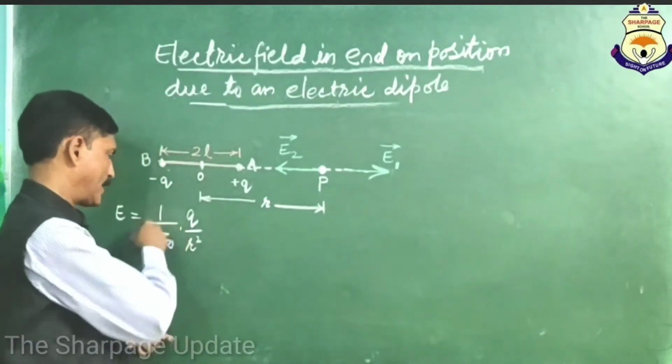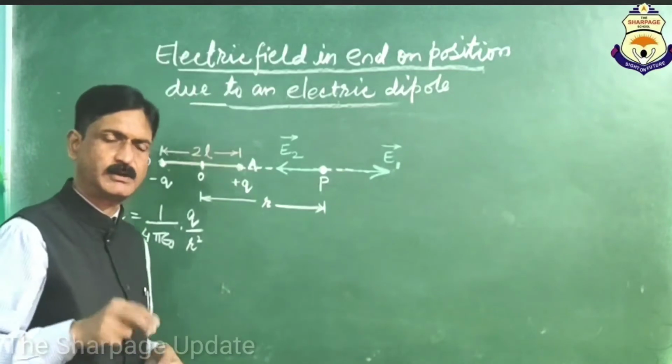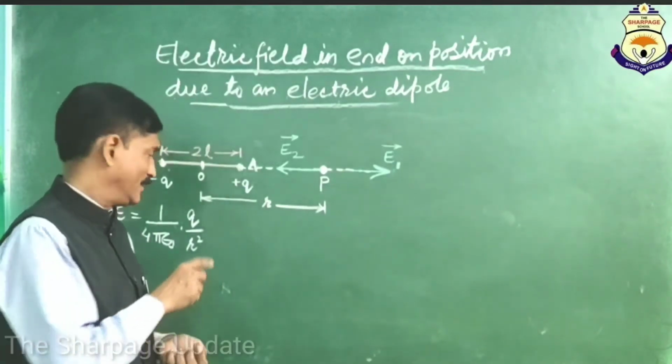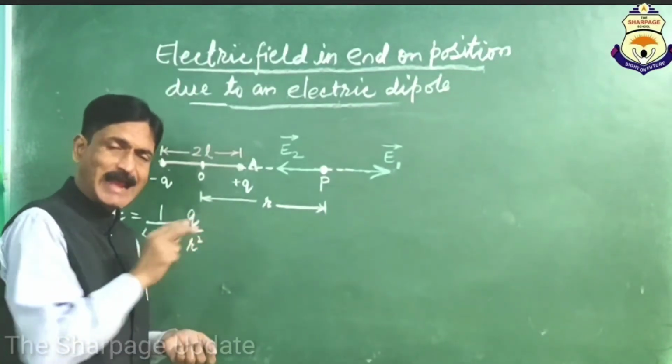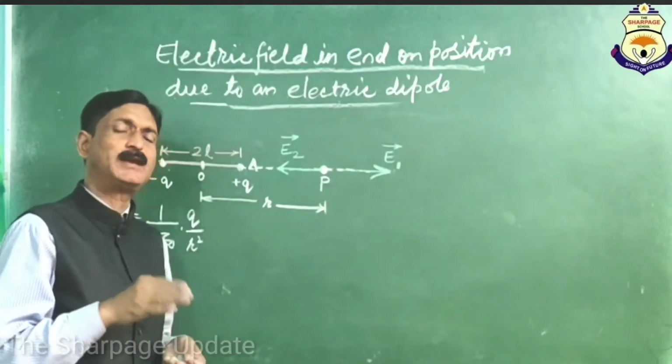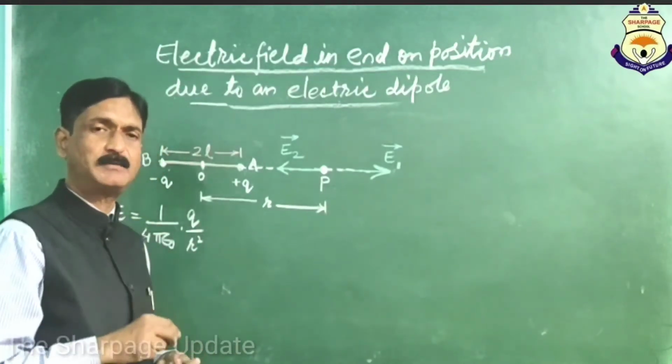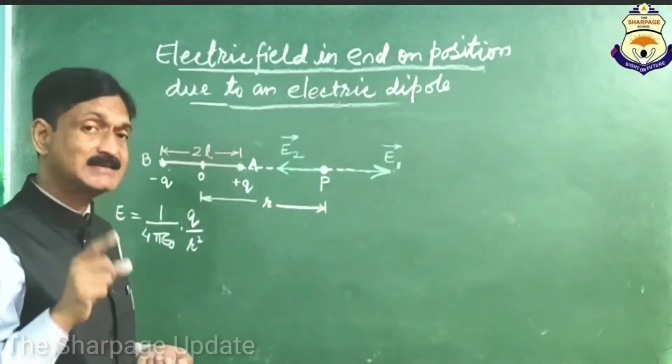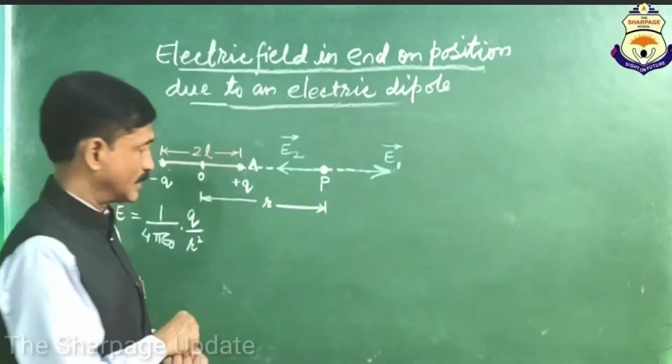And 1 upon 4 pi epsilon 0 is the constant of proportionality, and this source charge is kept in the medium of air or vacuum, and the system of measurement is taken as SI system.